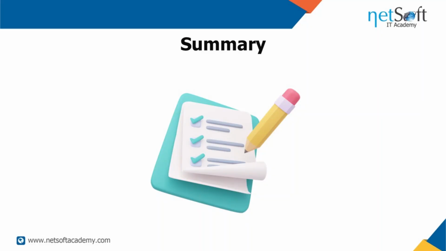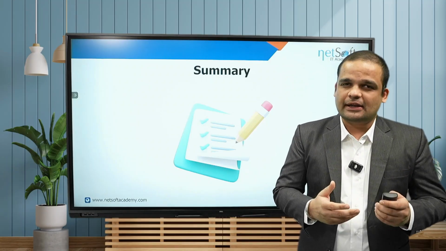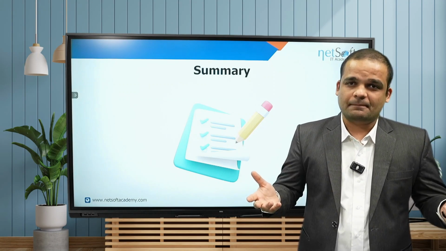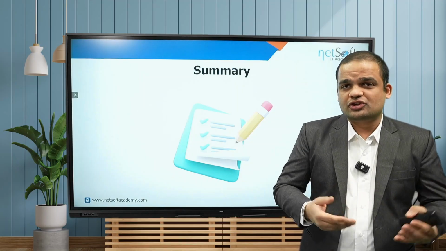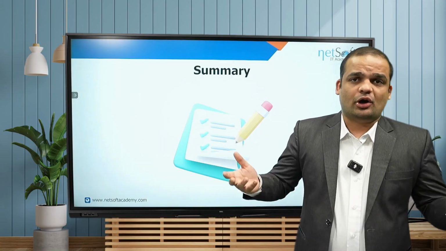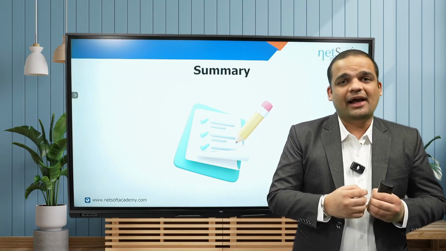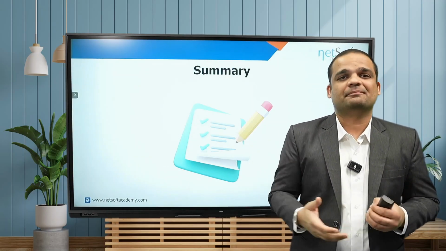Now, in summary, effective cloud monitoring and alerting are essential for maintaining system performance, reliability, and security. By using tools like Amazon CloudWatch, Azure Monitor, or some third-party tools like Datadog, you can track key metrics and set up automated alerts for quick issue resolution.